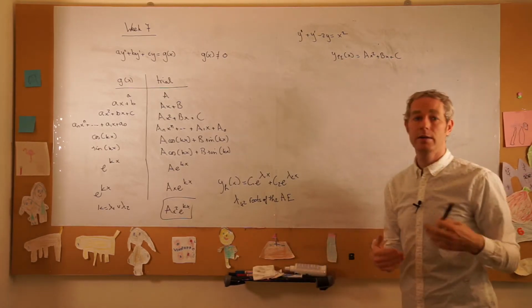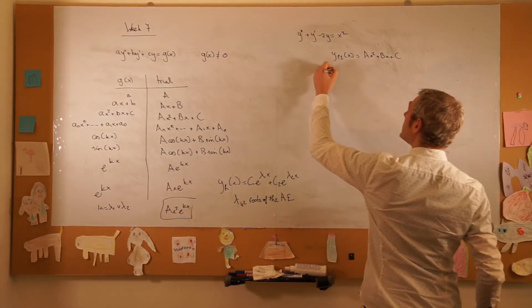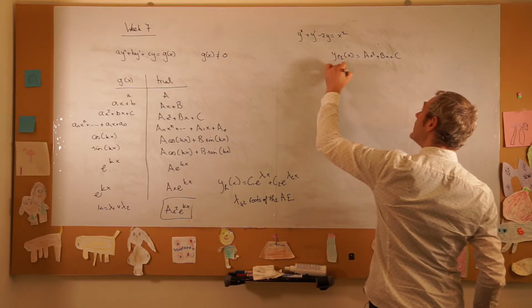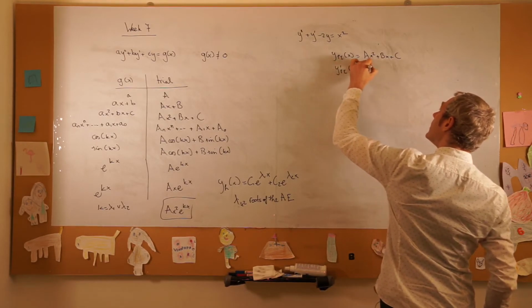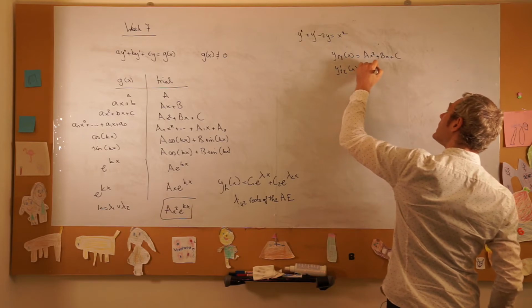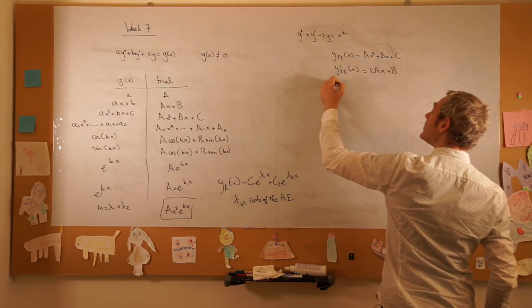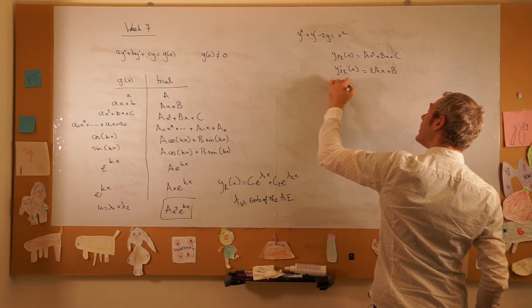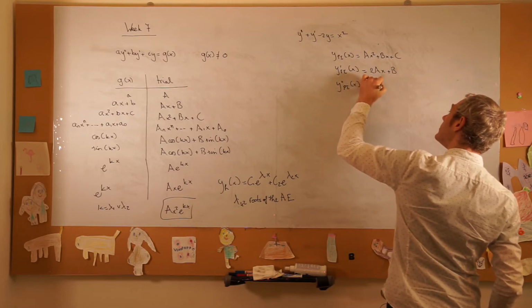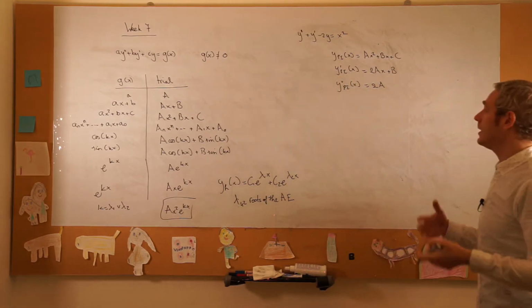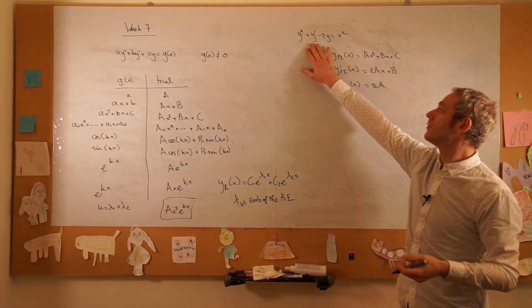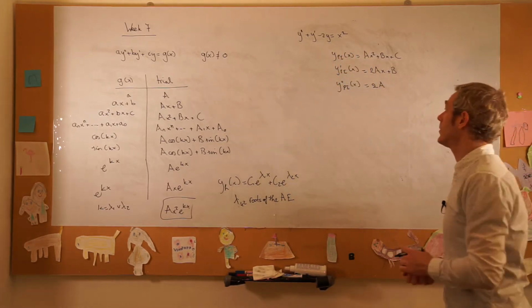Well, for administrative purposes, I always write out the two derivatives: 2ax plus b, and the second derivative of my trial solution, which will be 2a. That just gives me an overview of what I am going to fill in the original differential equation.